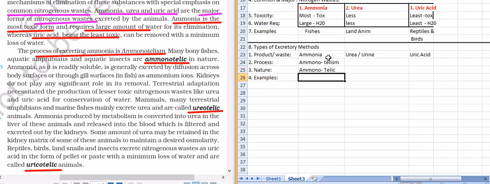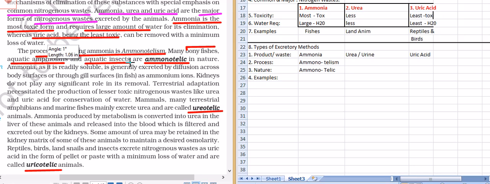Examples: there are three examples. Ammonia is readily soluble, of course. The examples are: one, bony fishes; next, aquatic amphibians; next, aquatic insects. These are the three examples given here. How to write?